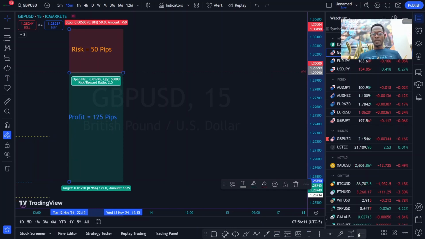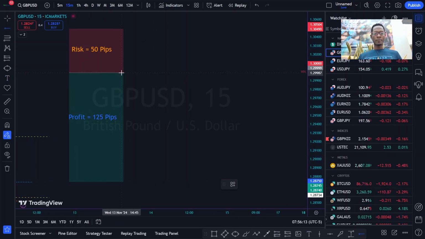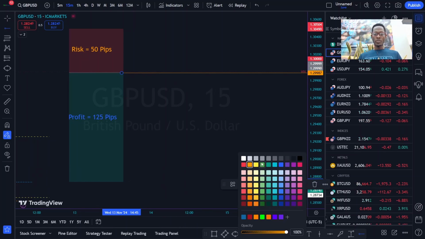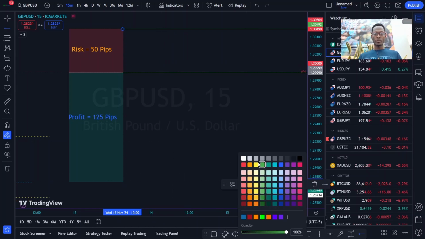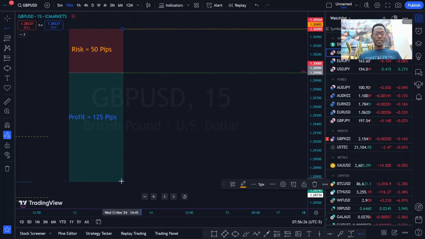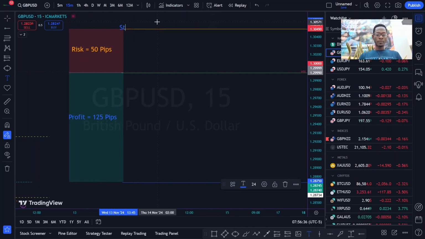I'm going to put some lines here. So this line, I will change this to green. This line I will put as orange, and this line I will put as blue. So here we will have our stop, our stop loss.